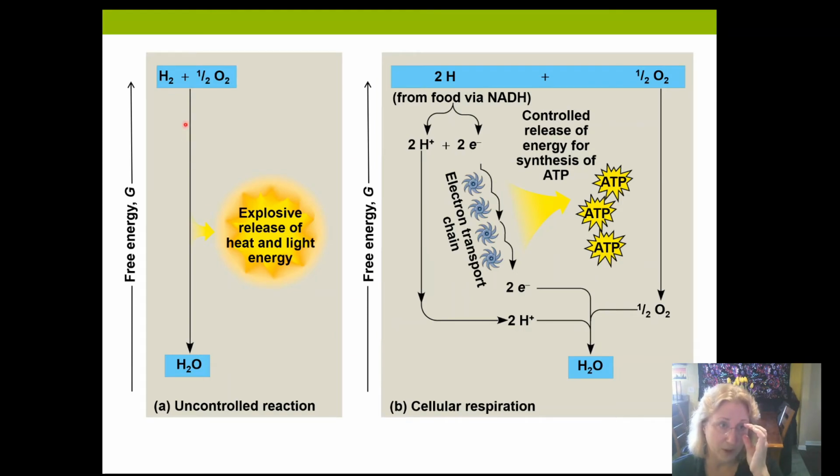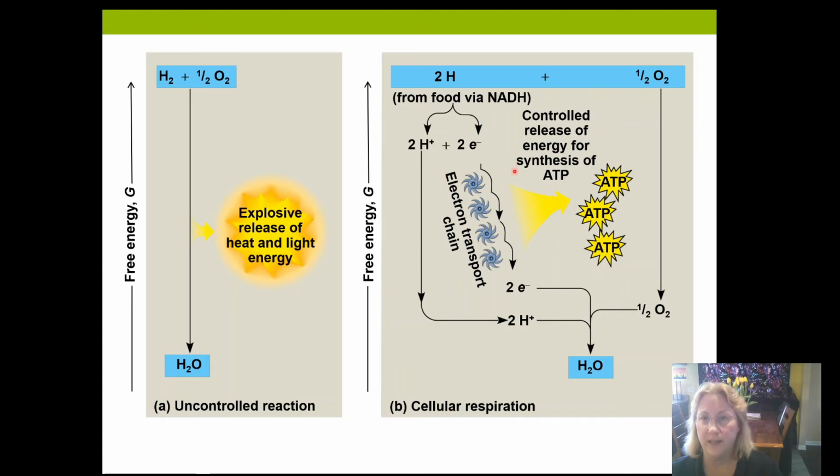So if we burn hydrogen gas with oxygen, that's what they use to power the space shuttle. It's a very explosive reaction. Here we have electrons in hydrogen gas at a very high energy level. In water, they're at the lowest energy level. This energy release is an explosion.